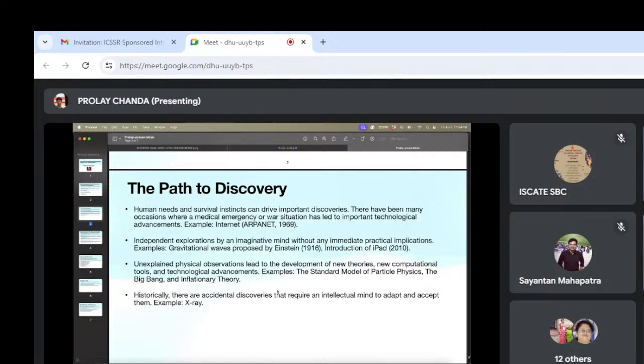The most basic or most profound reason has been the survival instinct: in order to survive, say in a medical emergency or in a war situation, we were led to invent scientific or technological advancements which helped us at that particular time.